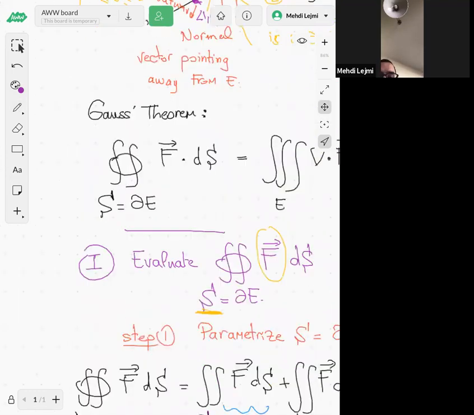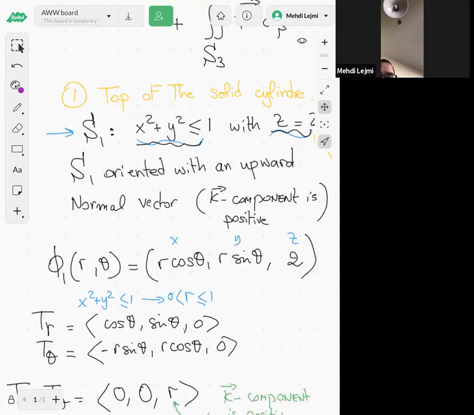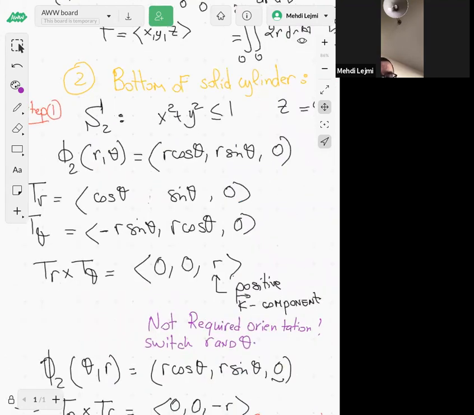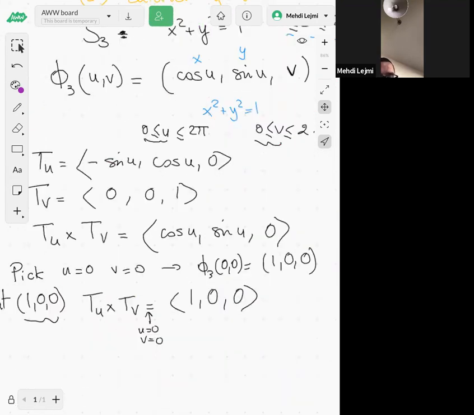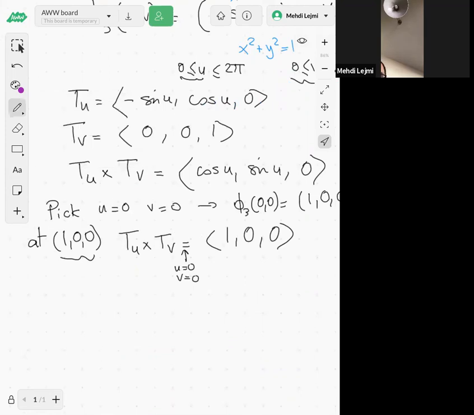So that's the orientation required by the theorem. The orientation induced by the parameterization coincides with the one required by the theorem, so the orientation is okay.